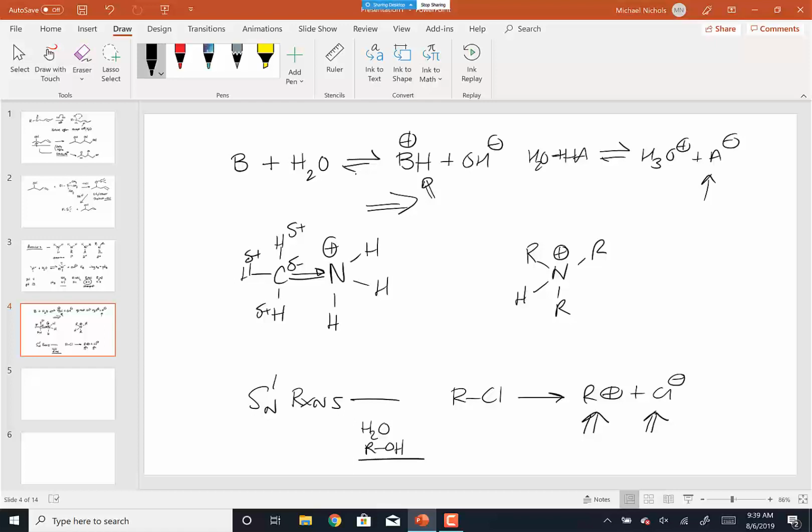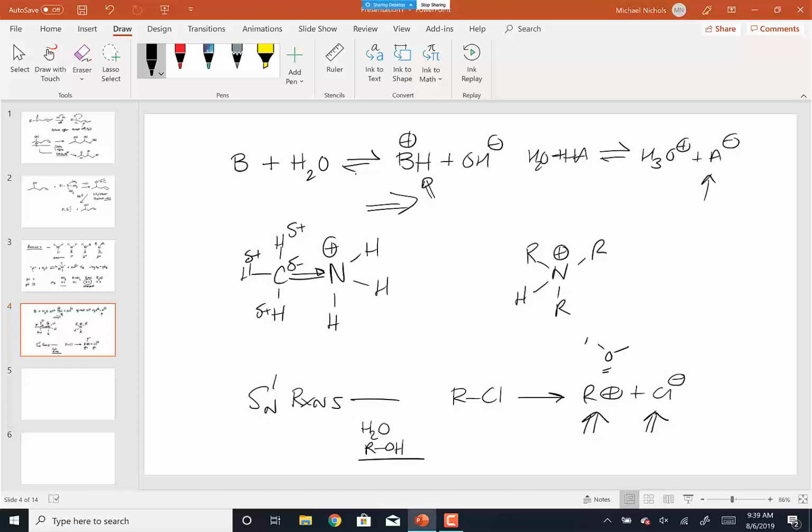So water and alcohol are going to solvate the carbocation and the chloride better. What's that going to do? In this case, it makes the reaction faster. Right?